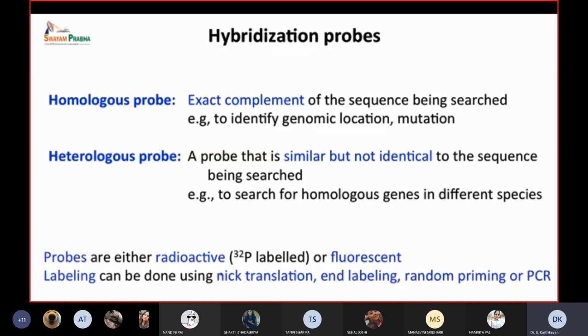You can use nick translation, so that the probe is labeled at multiple places, most likely. You can also do an end labeling of the probe, so that, for example, the 5' end of the probe contains the label. You can also use random priming and PCR methods in order to generate a probe.